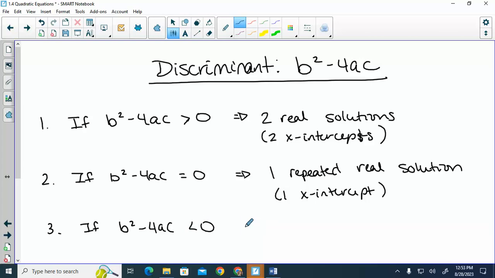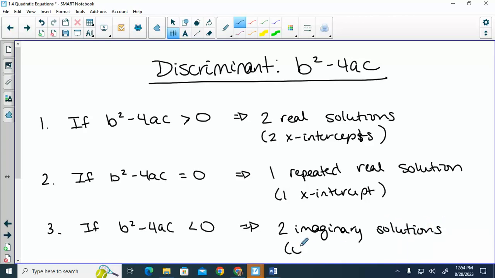If it is less than 0, if you have the square root of -4, what kind of number do you get out? An i. And can we graph imaginaries? No. So what happens is we get 2 imaginary solutions.